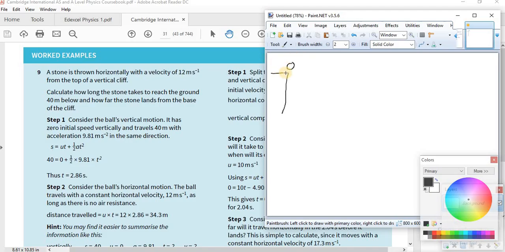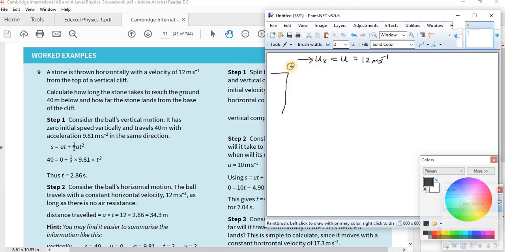We can model them as particles, meaning small circles like this. Okay, so it is projected horizontally. So we have ux, the initial velocity, and that is 12 meters per second from the top of a vertical cliff.